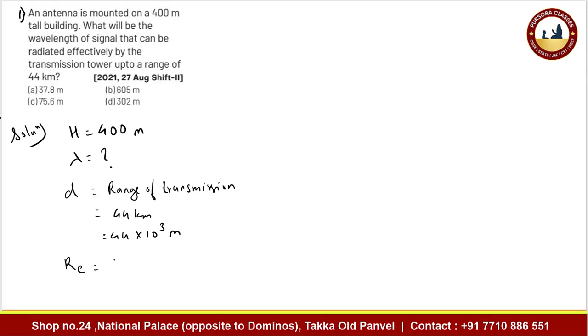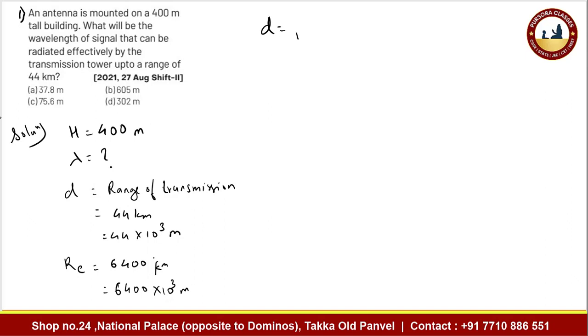By the way, the radius of earth is 6400 kilometer, so we can write it as 6400 into 10 raised to 3 meter. Okay, so while solving now, first we'll see the range of transmission formula.